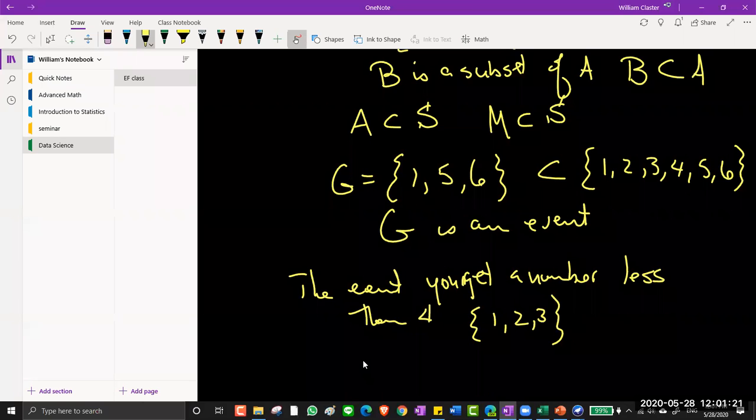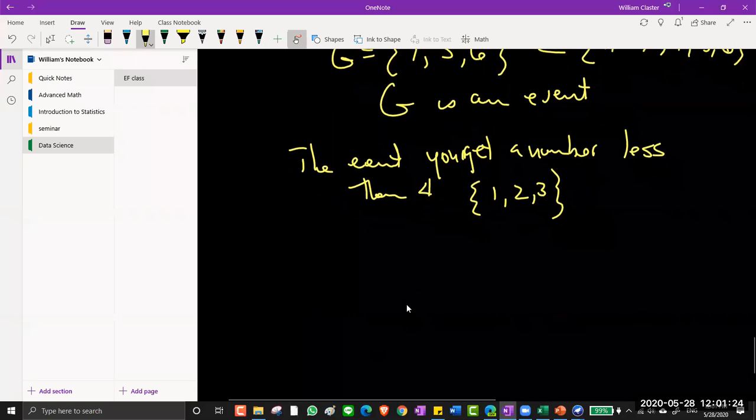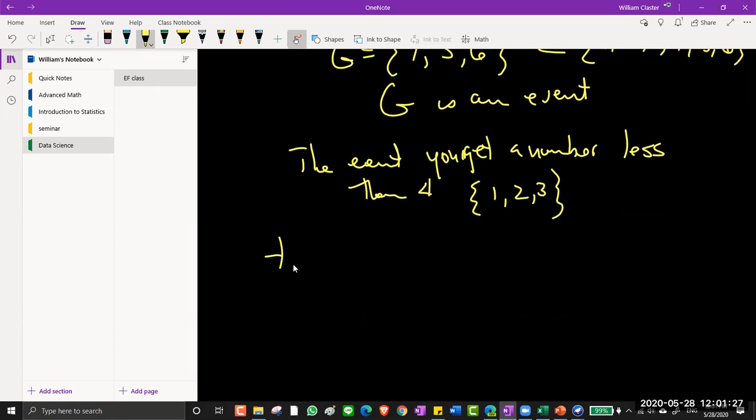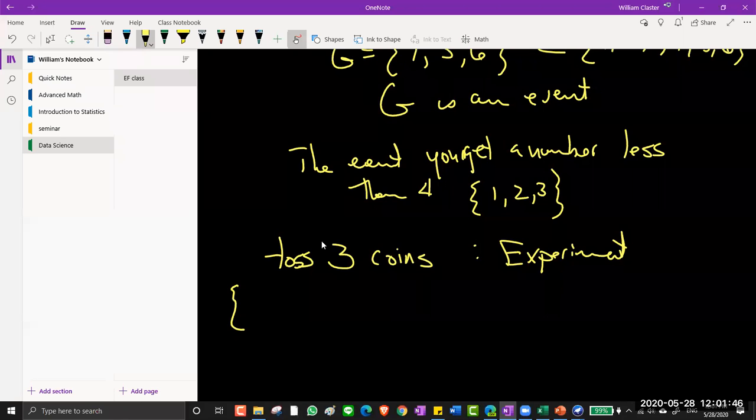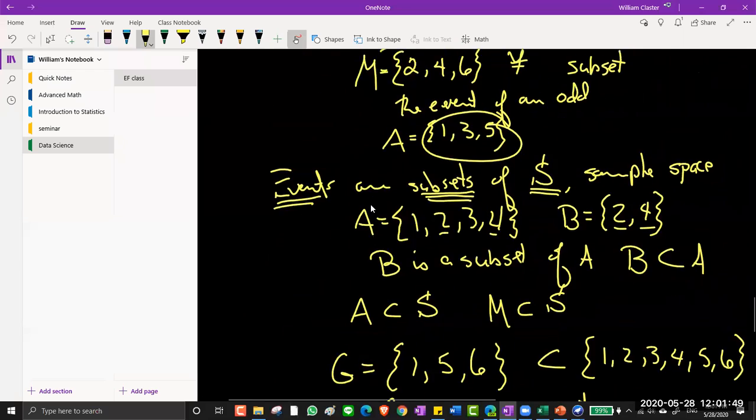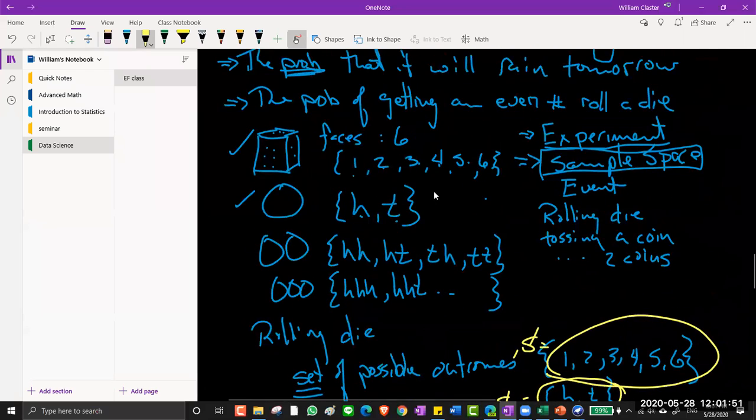How about, I guess we should do just a little bit more here. Suppose the experiment is to toss 3 coins. Okay, so what's the sample space here? Somebody tell me. Remember what we did for the sample space? For 1 coin, H, T; for 2 coins, HH, HT, TH, TT. So here are the three coins.